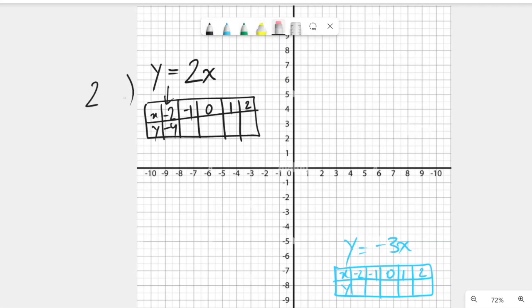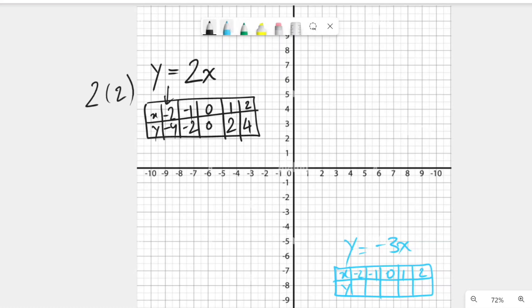What happens when x is negative 1? 2 times negative 1 will give us negative 2. What happens when x is 0? 2 times 0 will be 0. What happens when x is 1? 2 times 1 will be 2. What happens when x is 2? 2 times 2 is 4.